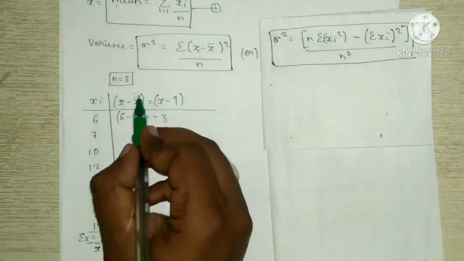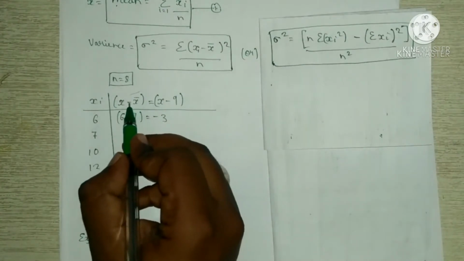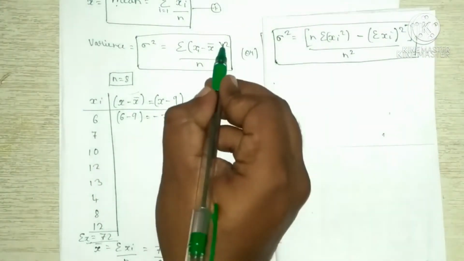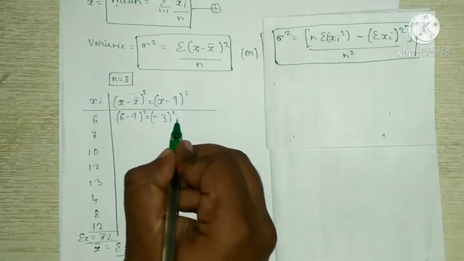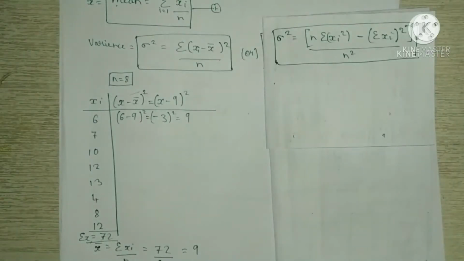This is nothing but (x minus x bar) whole square. You will get 3 square, which is nothing but plus 9. Minus 3 whole square is plus 9.